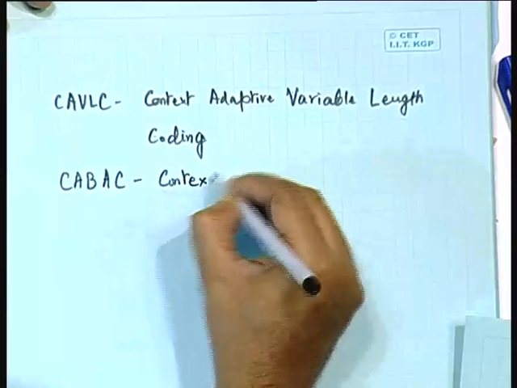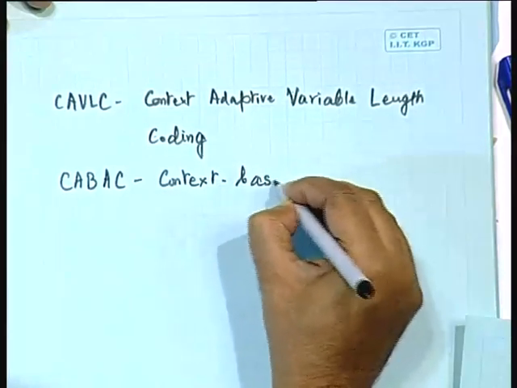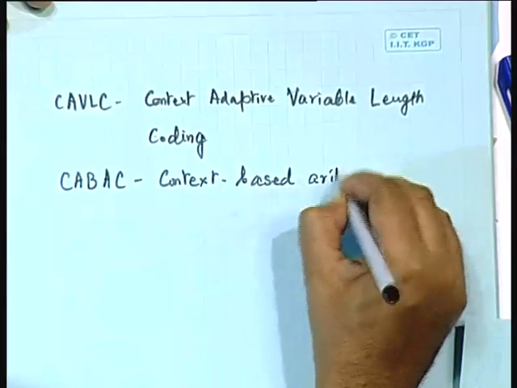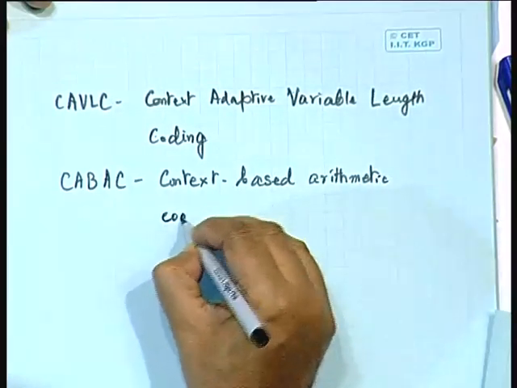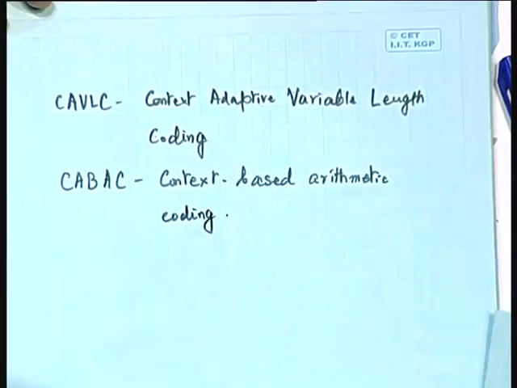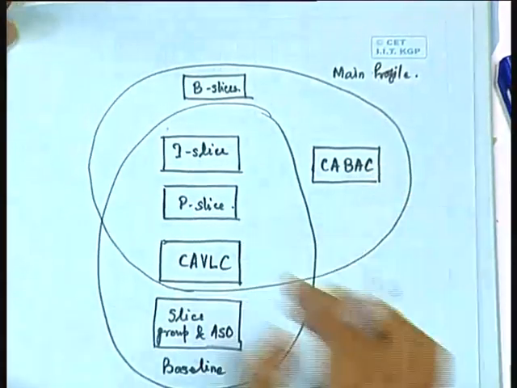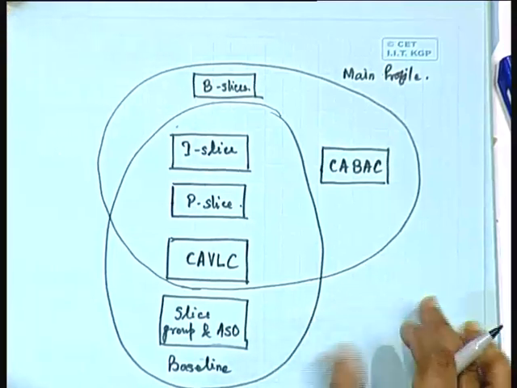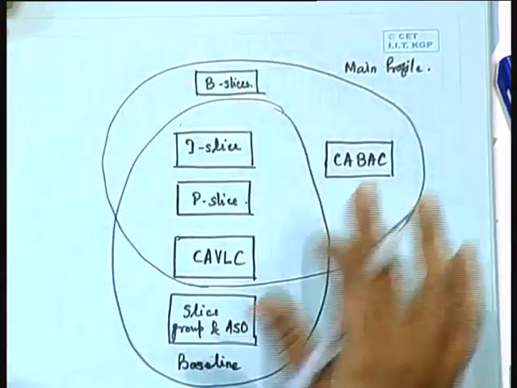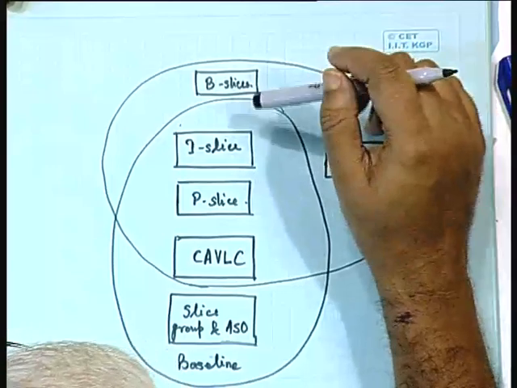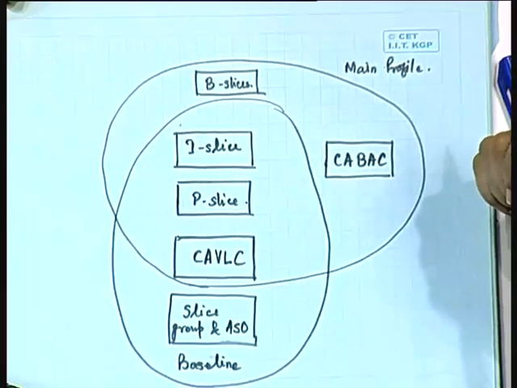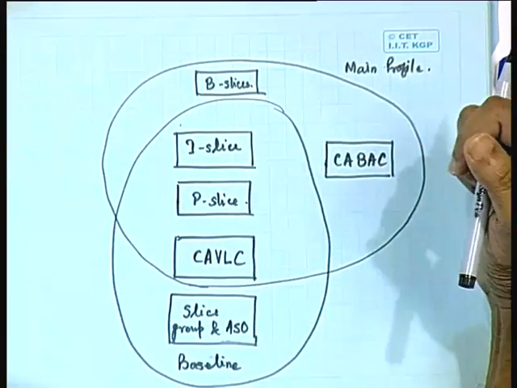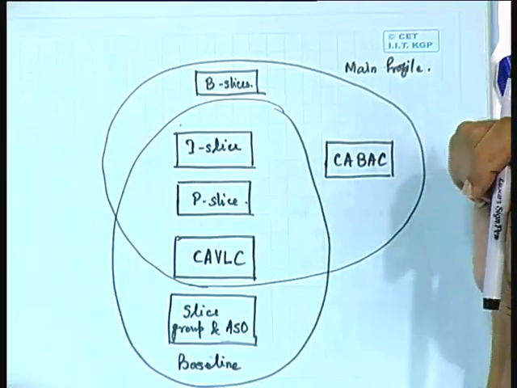So this is also an entropy coding scheme. The main profile supports both CABAC as well as CAVLC, and mind you, you can see some omissions in the main profile also. We did not talk about the SP and the SI slices, which I mentioned a little while ago, and the data partitioning.